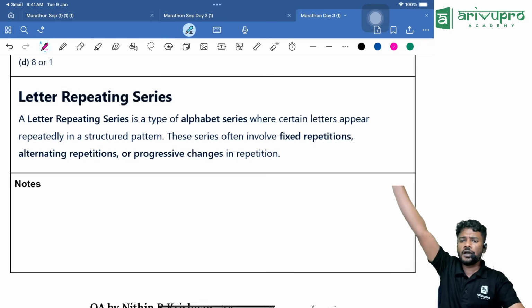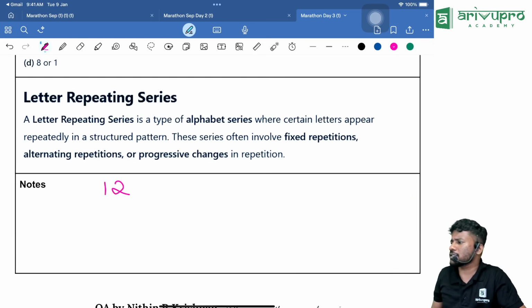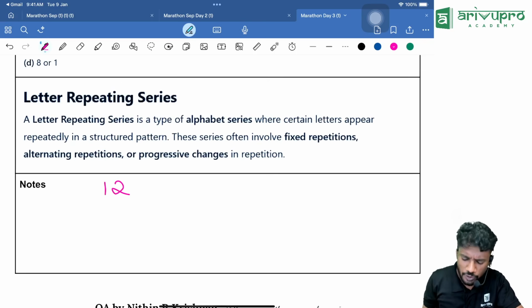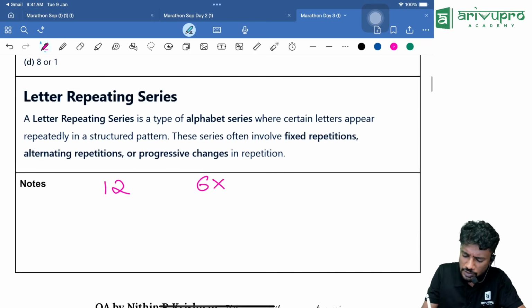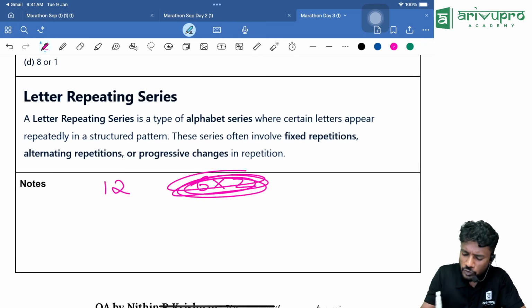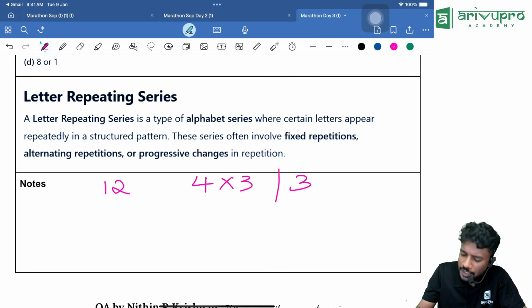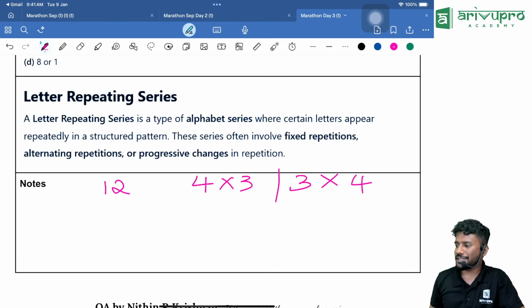Now, when we are having 12 letters, how can you split 12? Can I split it as 6 letters of 2 set each? Or I will mostly split it as 4 letters of 3 each or 3 letters of 4 set each.